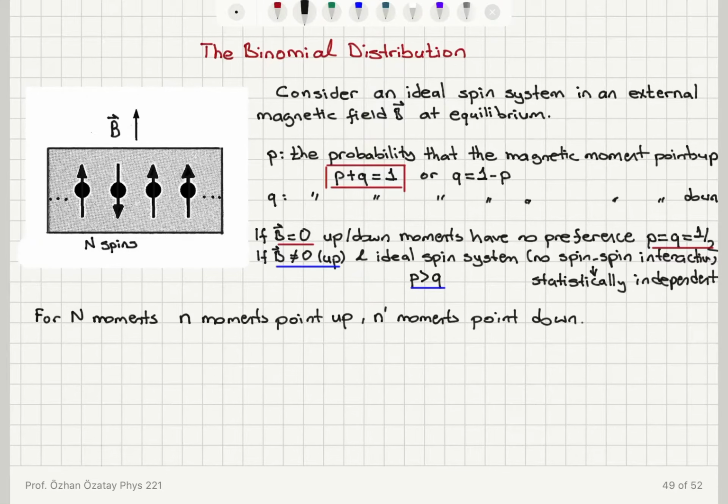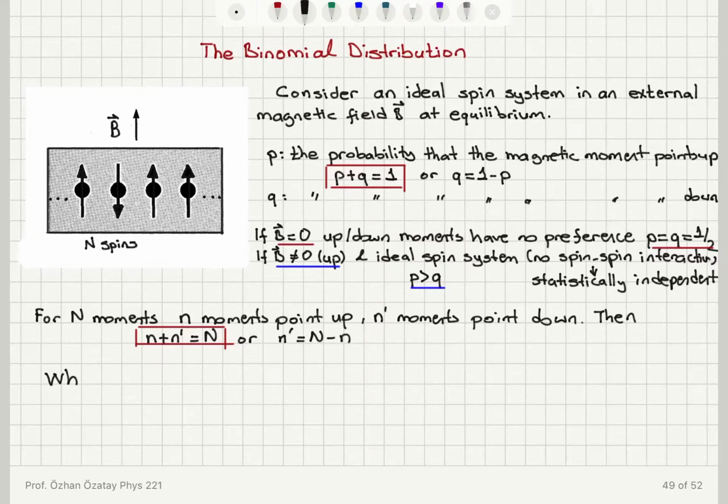All right, then I would have the total number of moments n plus n prime is equal to N, or the number of moments that are pointing down is the total number of moments minus the number of moments pointing up. So I have this relationship between the number of moments pointing up and the number of moments pointing down.